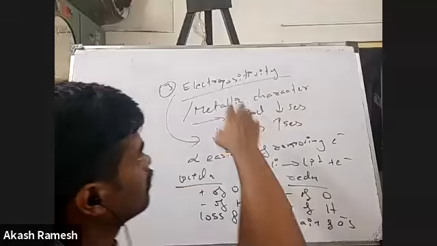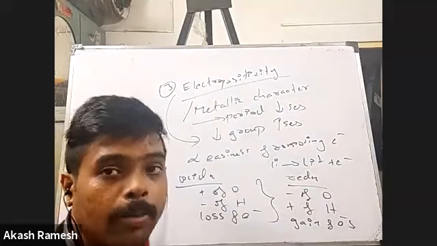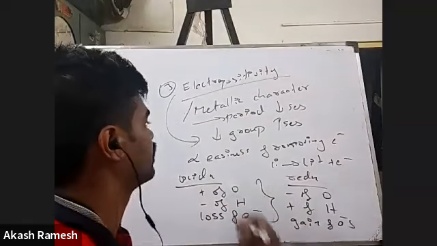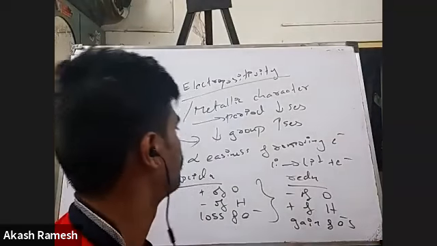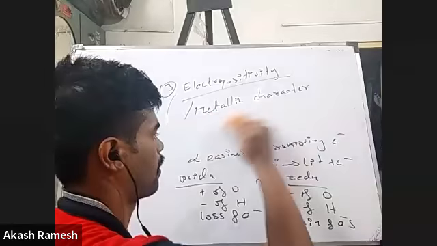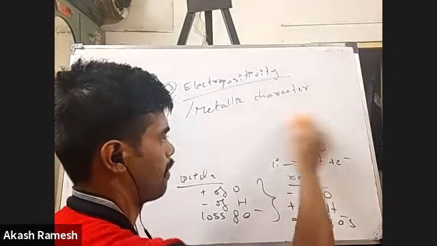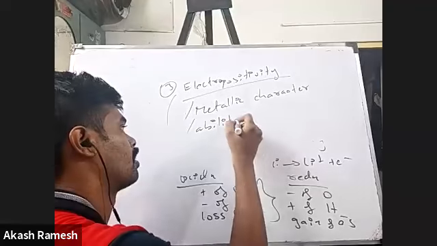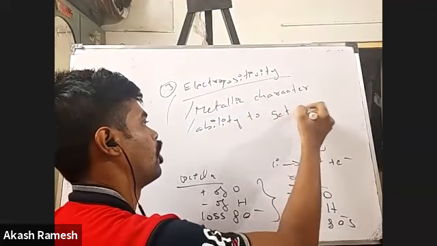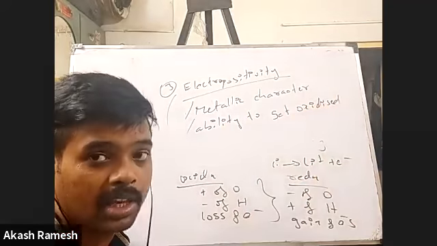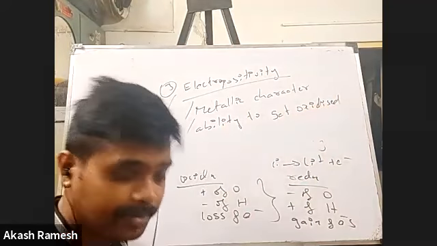So I will be able to club two more properties with this electropositivity, that is, the ability to get oxidized. Obviously, because I have to lose an electron.